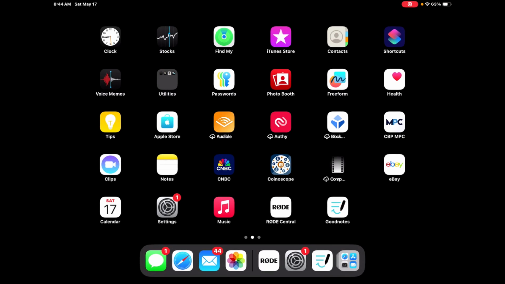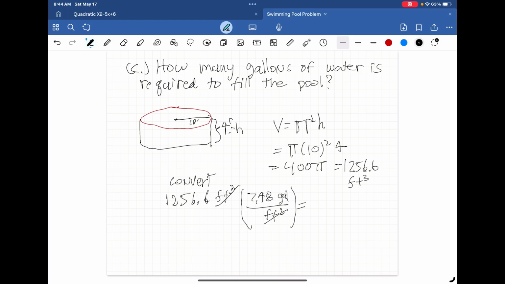So that's 9,399.4, and that's going to be gallons, or approximately 4,000 gallons. So that's our answer. We need about 4,000 gallons of water to fill the pool.